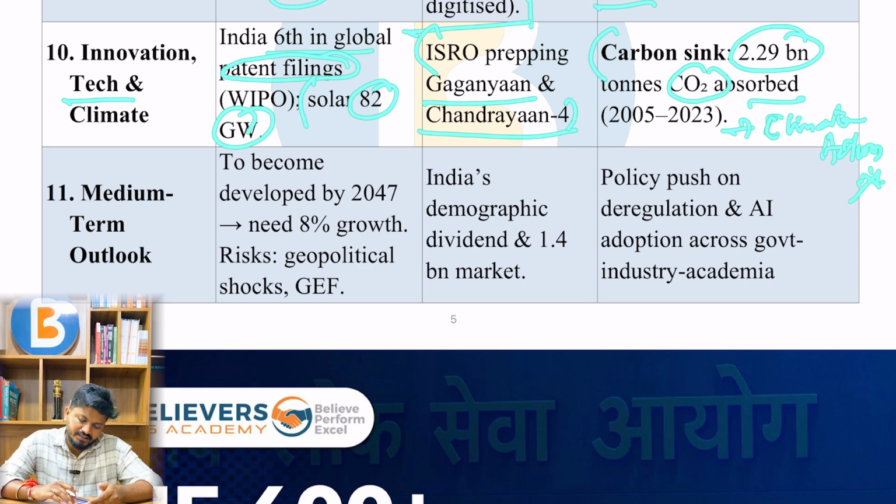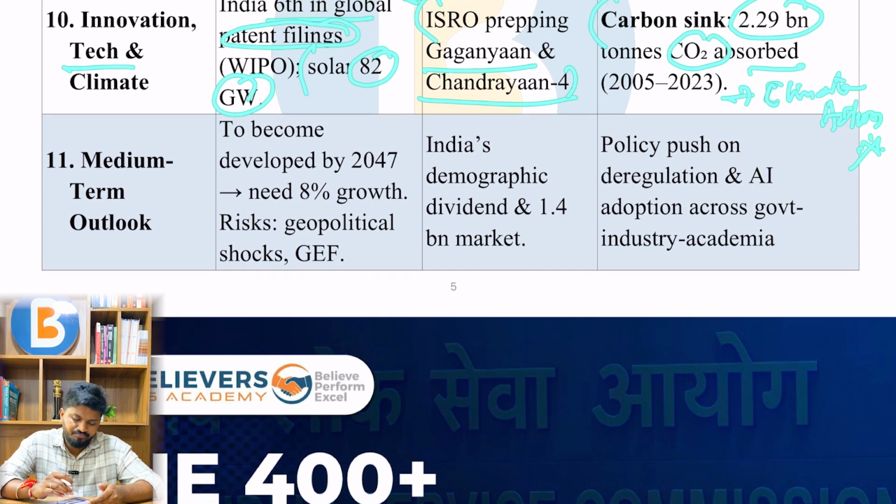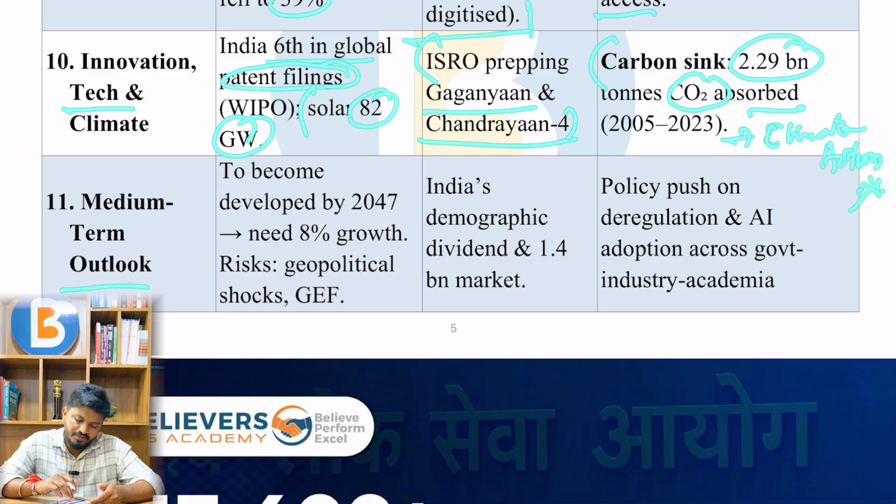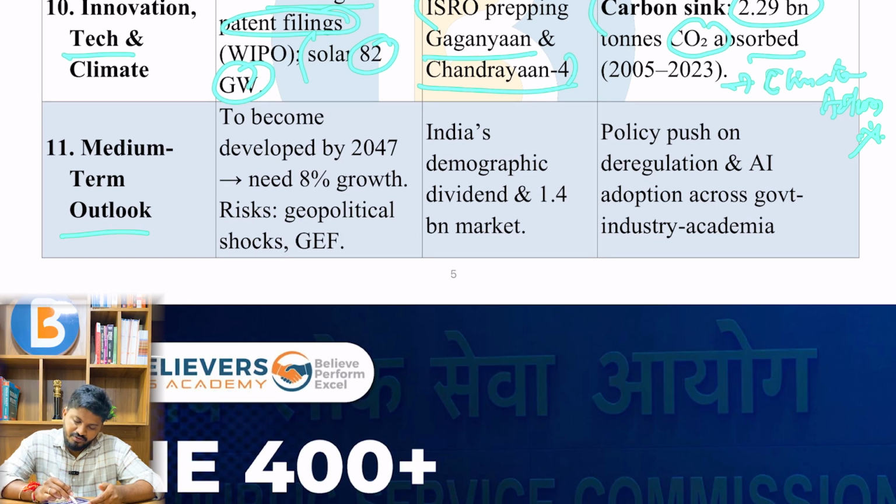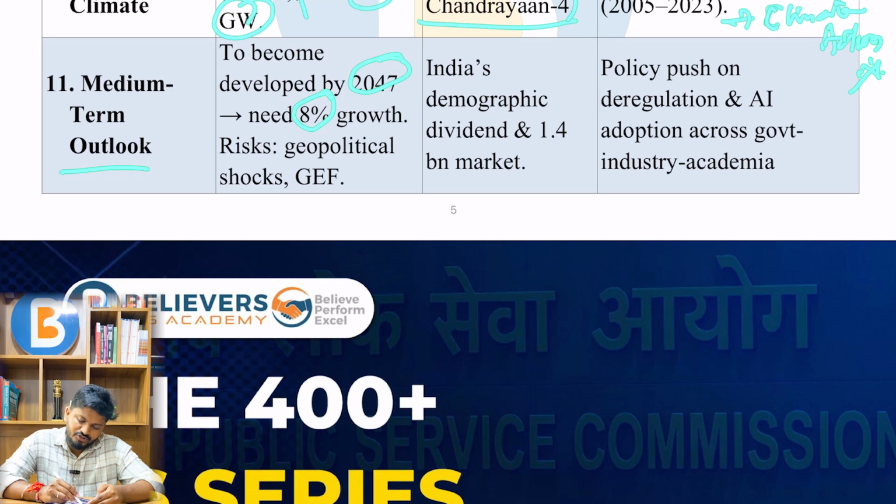Okay. Next and the last chapter of economic survey is medium term outlook. To become developed country by 2047, we need 8% growth. However, there are certain risks which have been mooted or given by the economic survey. Those are geopolitical shocks and global economic forums. India's demographic dividend and 1.4 billion market.